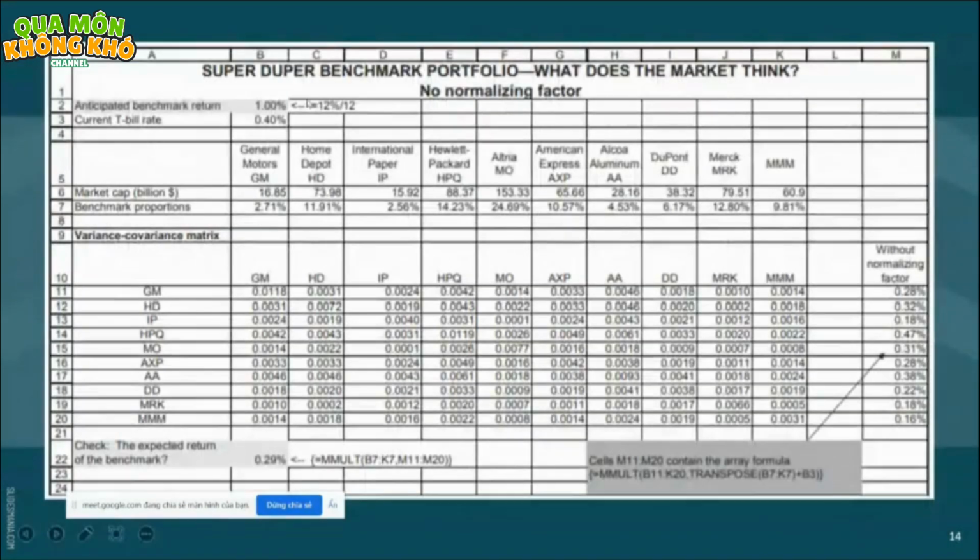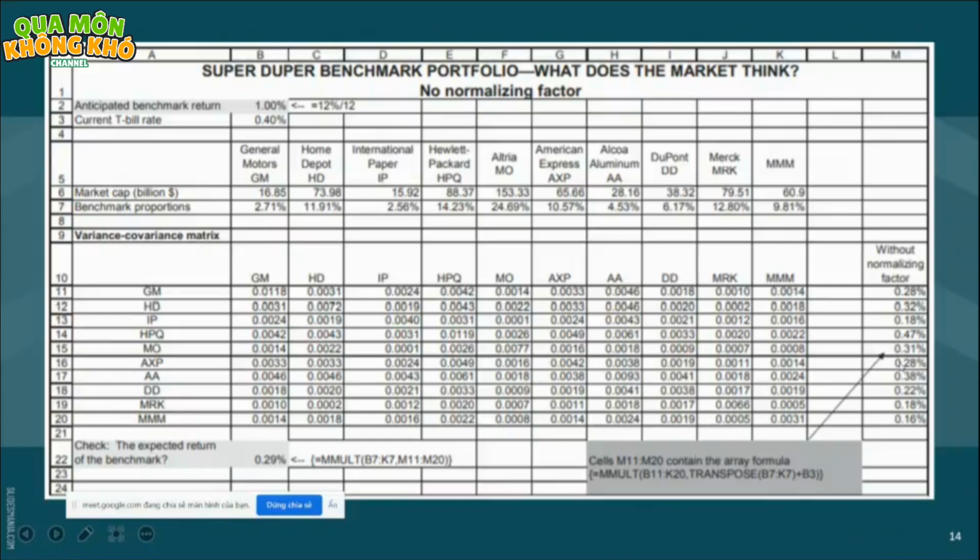We will assume that the market weights of the portfolio are the efficient weights and the expected benchmark return over the month will be 1% here. And we will use the estimation to set the normalizing factor.